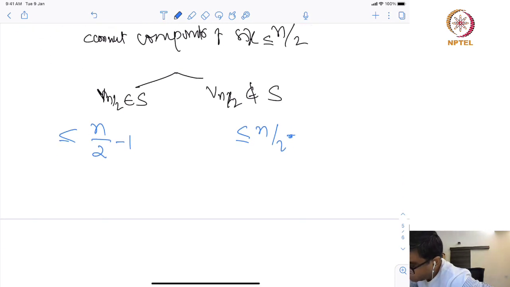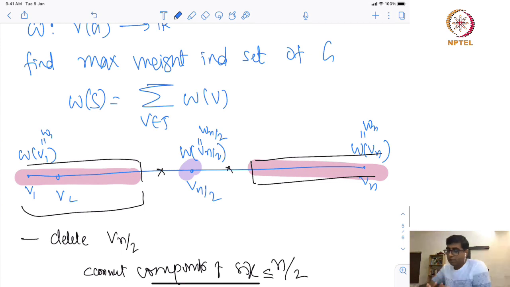So basically, and notice that recursively, what is the property? If I give you some small piece of subpath and I want to find a vertex such that both parts are equal, that's again very simple. You look at the subpath and find the middle vertex of that subpath, and that will satisfy the property that every component has size at most half of whatever we started with.